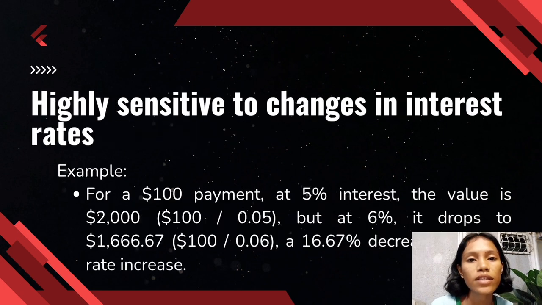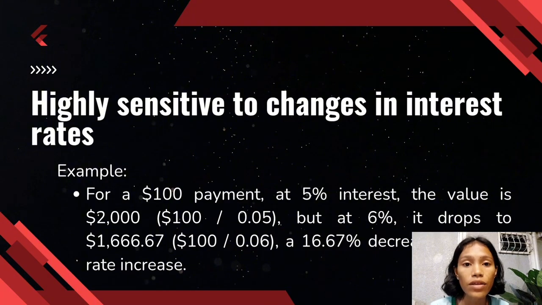Next disadvantage of perpetuity is that it is highly sensitive to changes in interest rates. Since perpetuity is continuous and goes forever, small changes in interest rates can significantly affect the value, as again, the formula is inversely related.